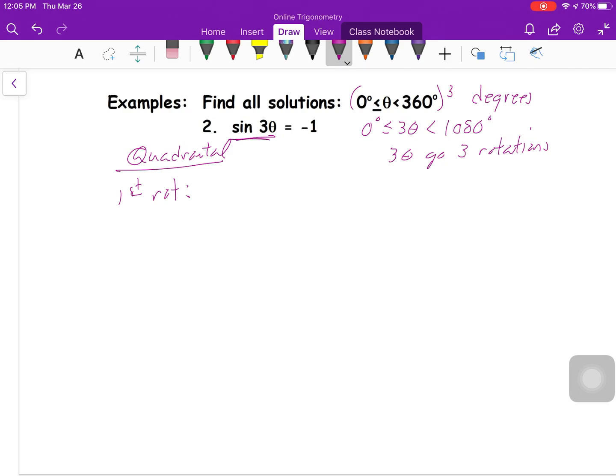And the only quadrantal angle that has a y that's -1 is 270. So on the first rotation, the only answer is 3 theta equals 270. Now on the second rotation, we're going to be taking 360, which is a rotation, plus an additional 270. So we end up with 3 theta equals 630.